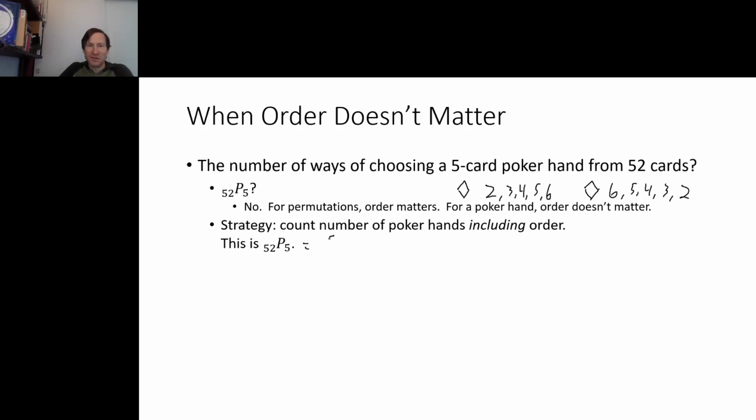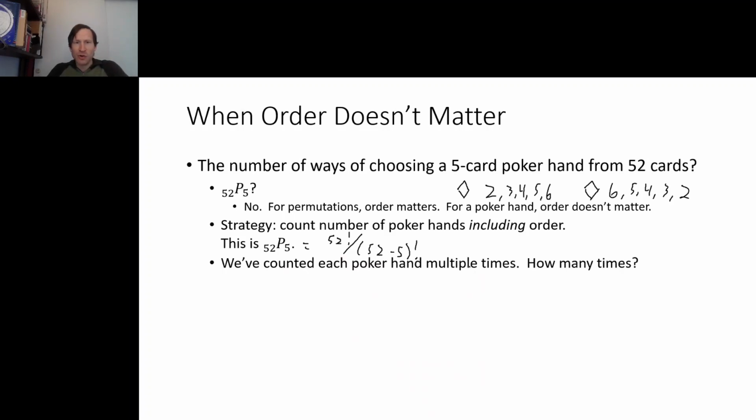This one is 52 factorial divided by 52 minus 5 factorial. But we've counted each possible poker hand multiple times. For example, this permutation calculation counts these two poker hands as different, even though really they're the same.